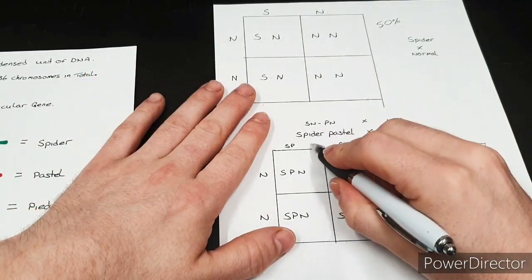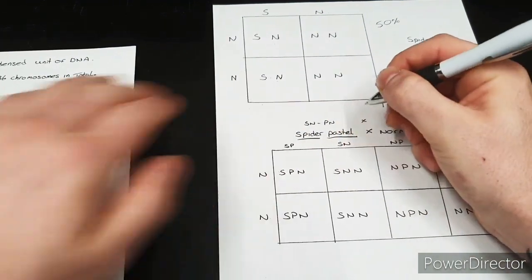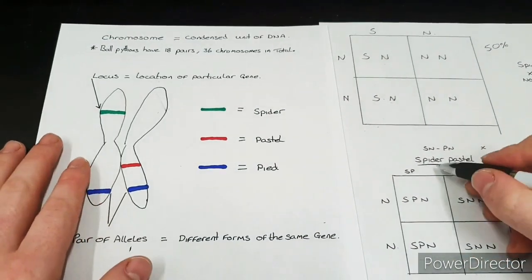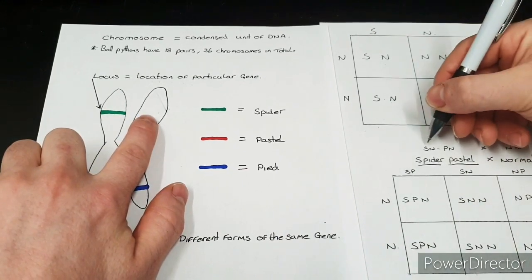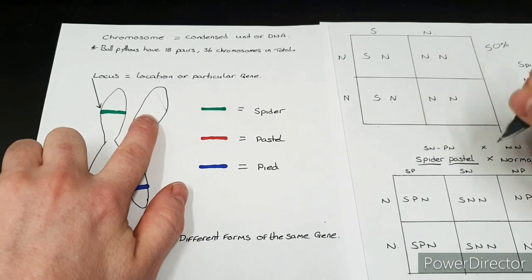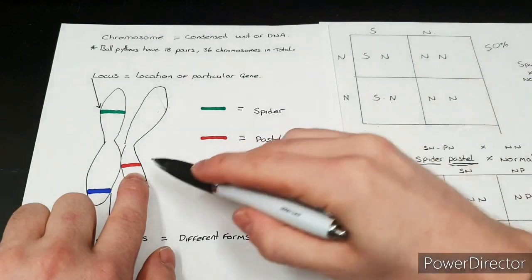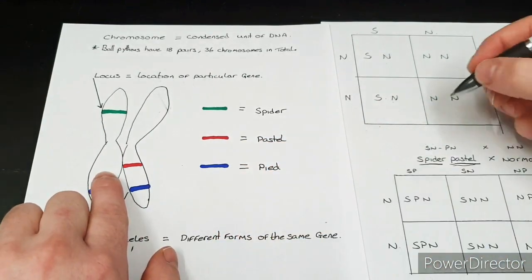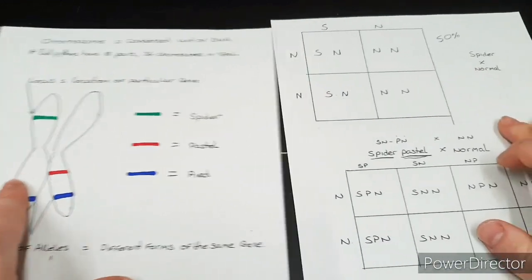So the spider gene, take them by allele. For example, spider has a spider and a normal. S for spider, N for normal. Pastel has a pastel and a normal. So you'll mark it like that.